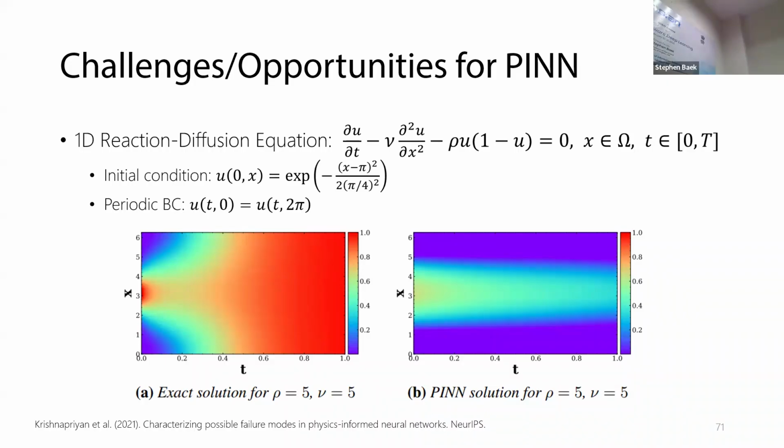All right, so here's another canonical benchmark, again from the same review paper. Now we consider the 1D reaction-diffusion equation. The reaction-diffusion equation is an equation where, again, we have a physical quantity that evolves over time, and it's still 1D.